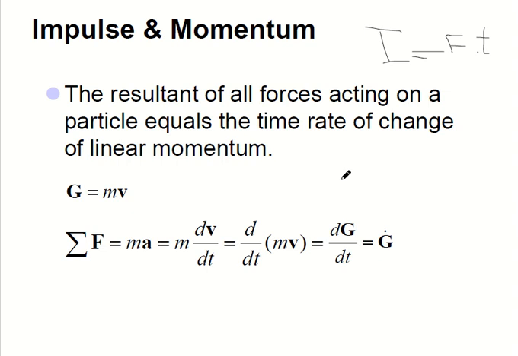The resultant of all forces acting on a particle equals the time rate of change of linear momentum. So we have momentum mv, and then of course your impulse.